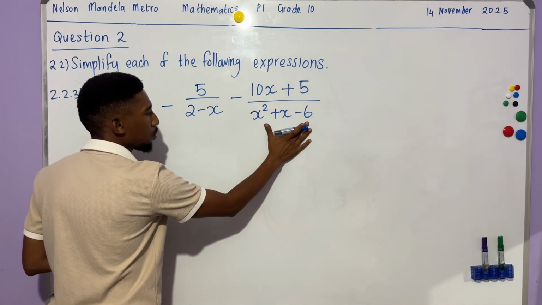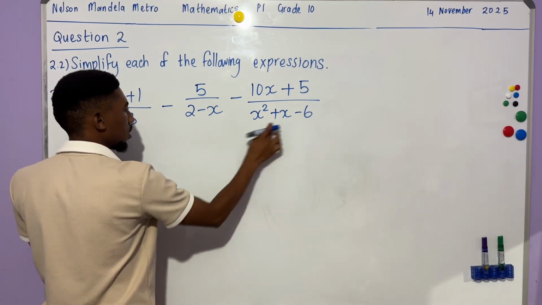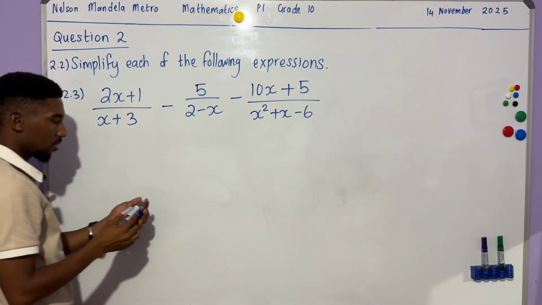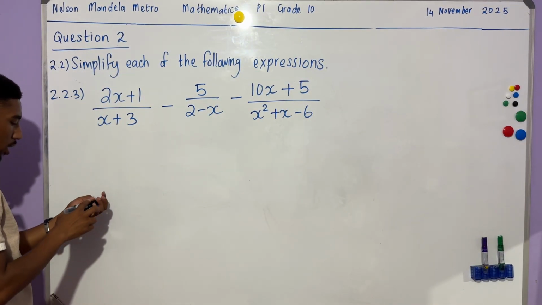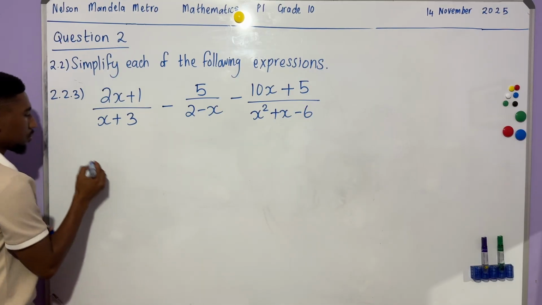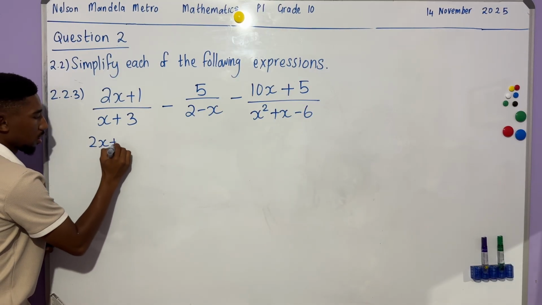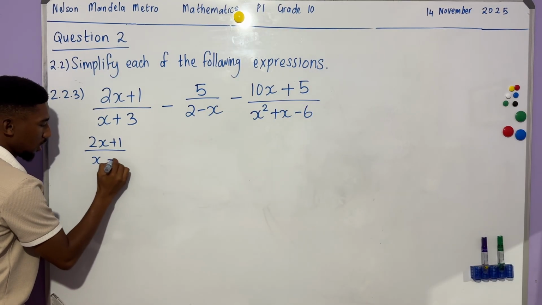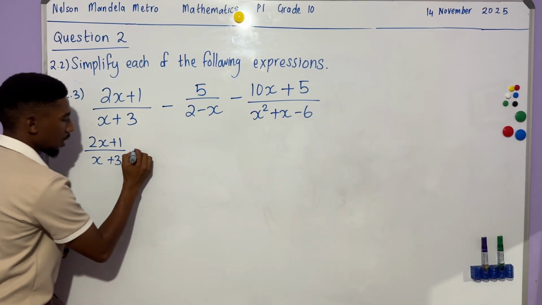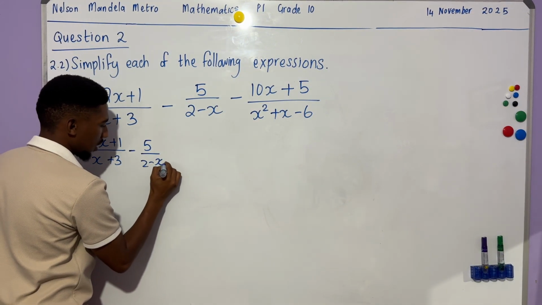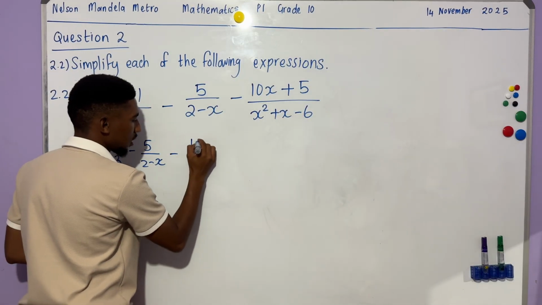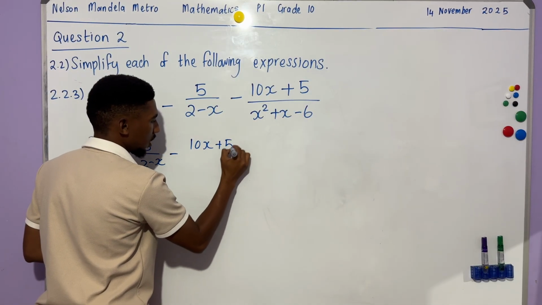And over here, I spot a trinomial. So first things first, I can factorize this trinomial, right? So I have 2x plus 1 over x plus 3 minus 5 over 2 minus x minus, I'm still rewriting everything over here.